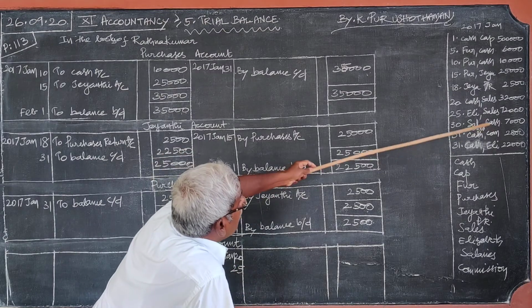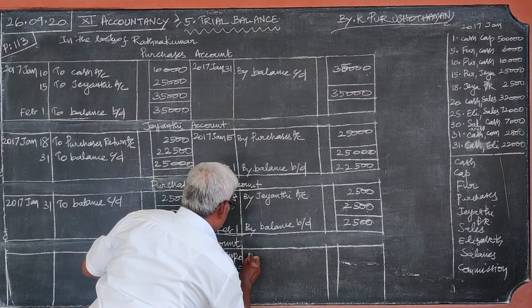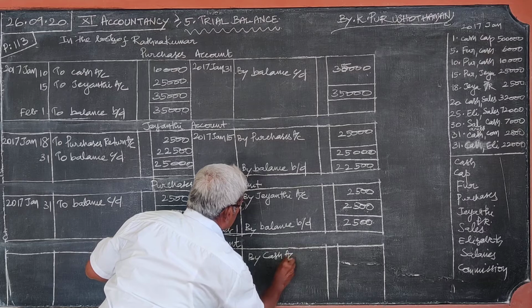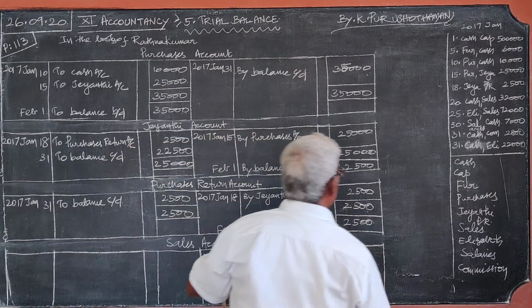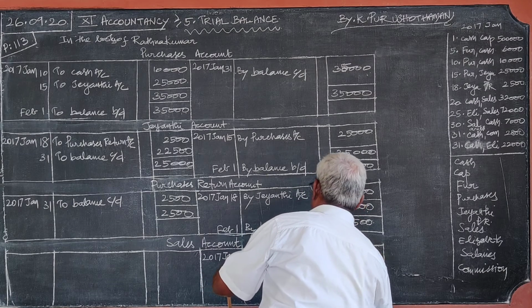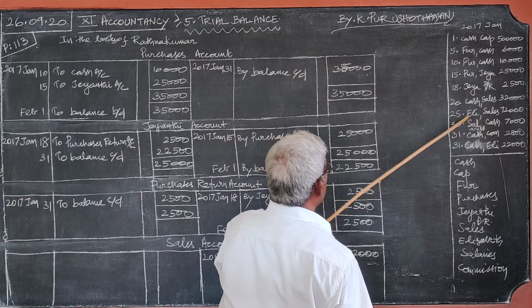On 20th, what appears? Cash appears, therefore by cash account, 32,000. And on 25th, what is coming along with the sales account?